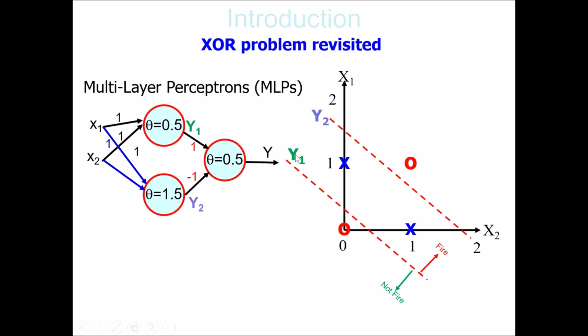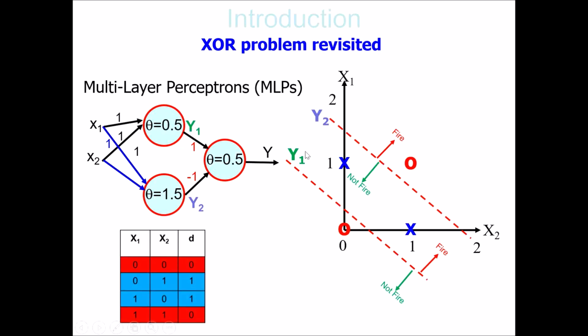The same condition happens for the second decision boundary, y2. This is the first one and this is the second one. The final decision boundary, y, will select the region in which every decision boundary condition is overlapped.